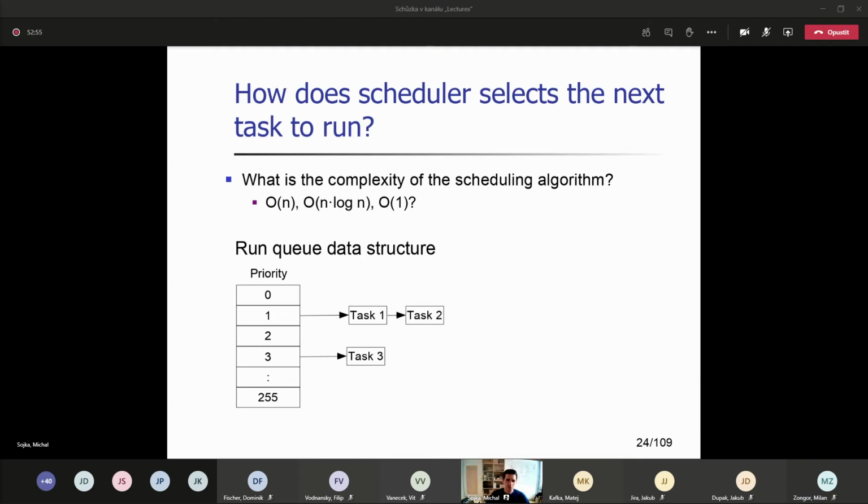Okay, so then if you imagine you have a system with 1,000 or 10,000 tasks, then again, when a task becomes ready, you would have to sort the task to the right place in the list. Whenever a task stops being ready, you would have to take it out. Taking it out would be cheap, but finding the place where to put the task would not be that efficient. So this is not a good solution.